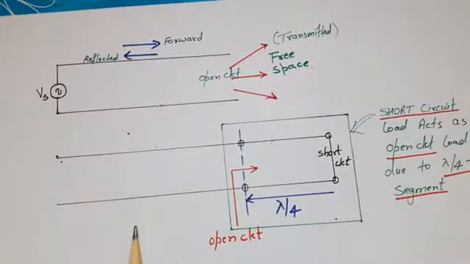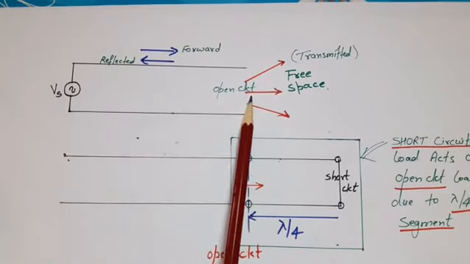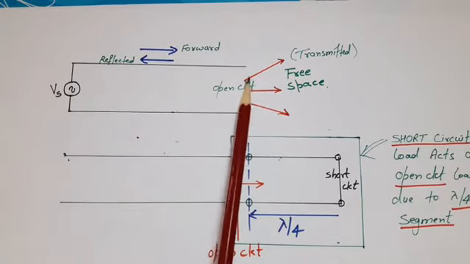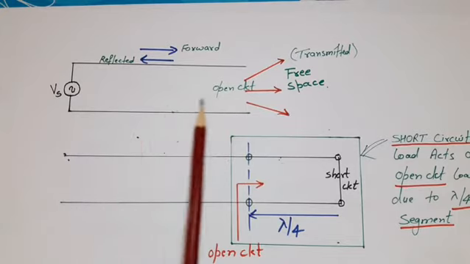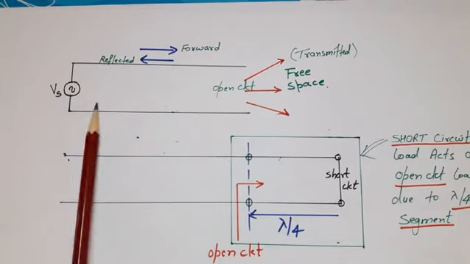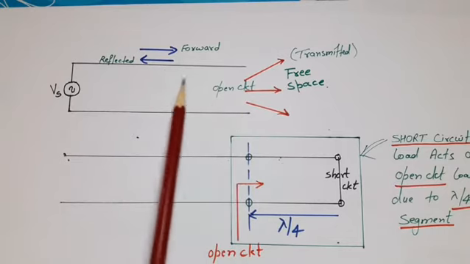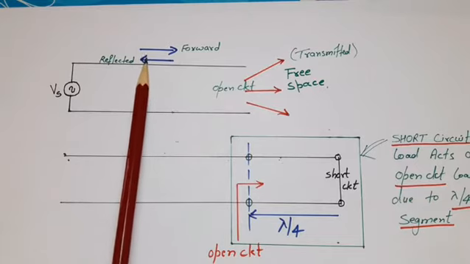Now observe one more case. Suppose we want to analyze a transmission line for an open circuit load. For this we put the source on the transmission line here and leave the load end open circuit, and now we want to calculate the voltage and current levels at different locations on the transmission line practically. Due to the open circuit load, the reflection coefficient is 1. It means the complete power will be reflected back and move towards the source.